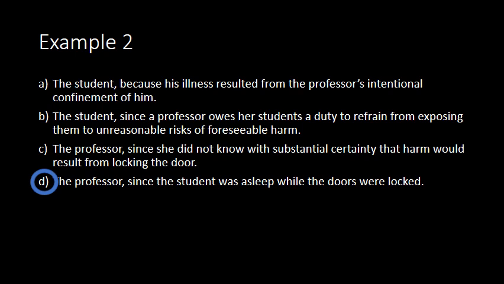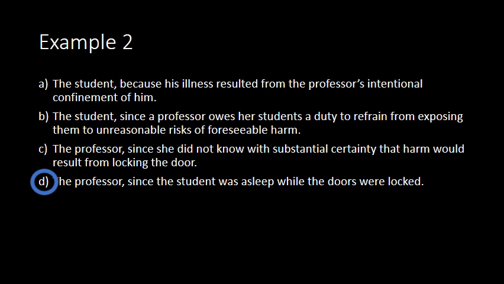B, the student, since a professor owes her students a duty to refrain from exposing them to unreasonable risks of foreseeable harm. This is probably true. Risk probably is foreseeable here, but it's just an incorrect standard of law. It seems to be speaking to some negligence standard, which isn't what we're looking for here.